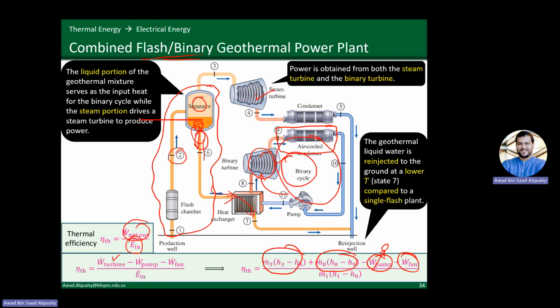We said the condenser for the binary working fluid is air cooled, and so the fan work input can be reasonably large, about 20 to 50%, depending on the weather conditions. So yes, this is another cycle that we can have, and which cycle you use depends on the geothermal resource you have and on what works out economically well.